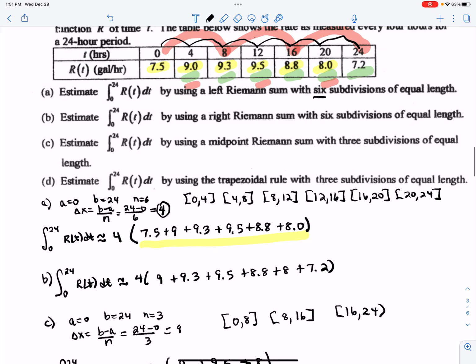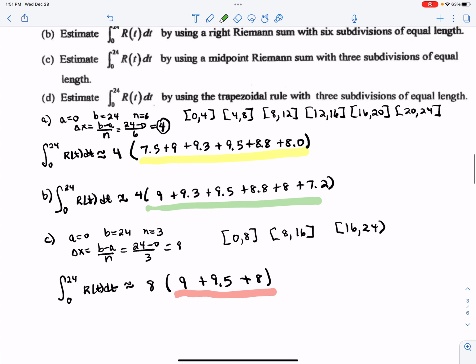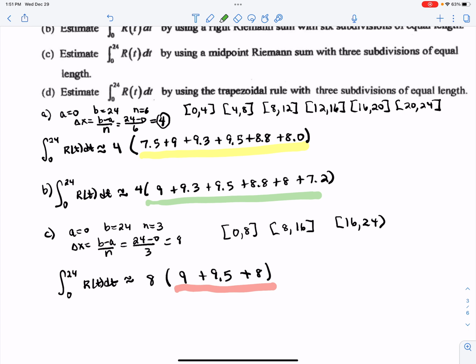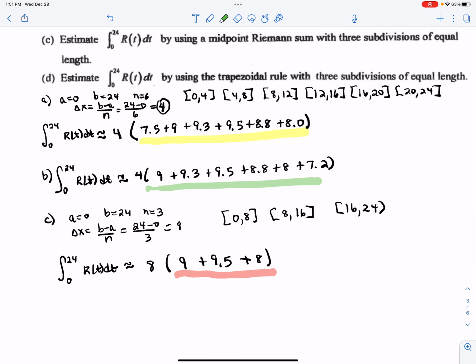Okay, let me just put this in red, and let me put this in green, so we have everything consistent. All right, and finally, we're going to estimate the same using 3 subdivisions with the trapezoidal rule. Okay, now because delta x here is 8, we do the following.